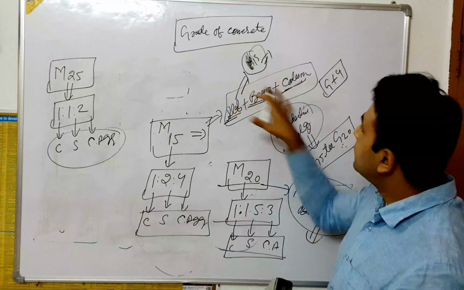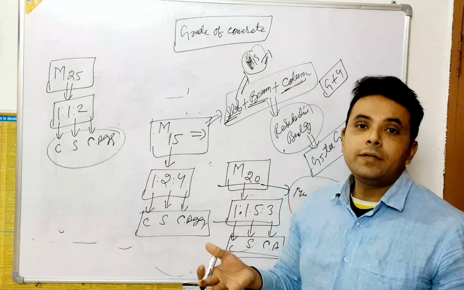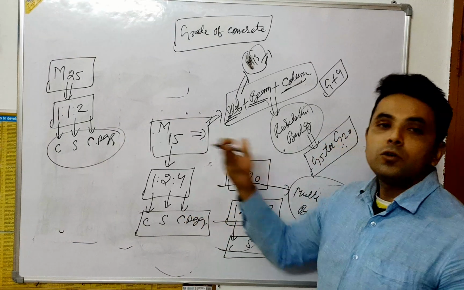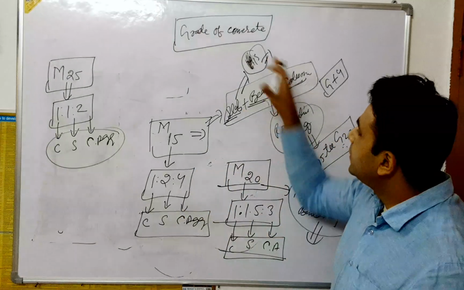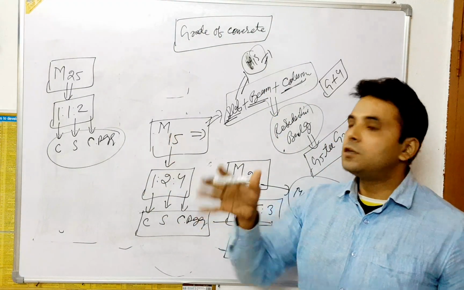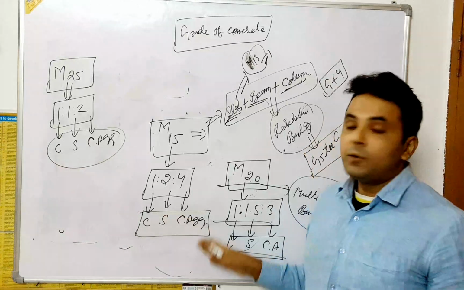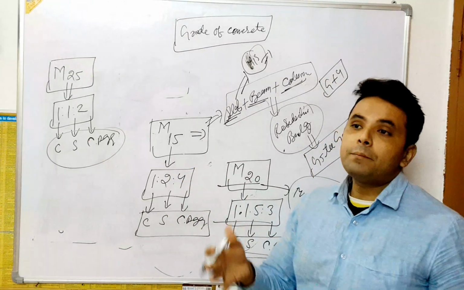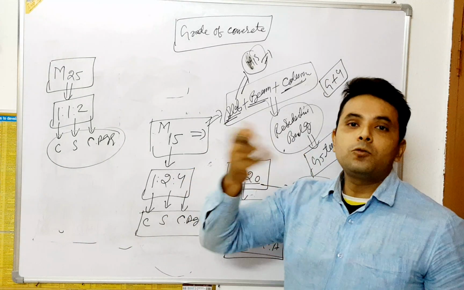So you have to know the proportion of M15. Since you know M15 is the proportion 1:2:4, you will tell the labor to mix in the proportion of 1:2:4, because if you do not use this, then in future it will start cracking.